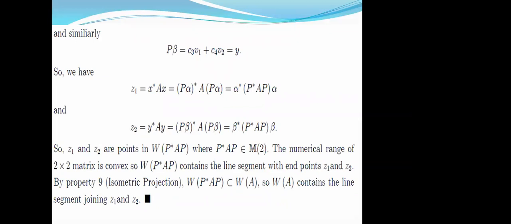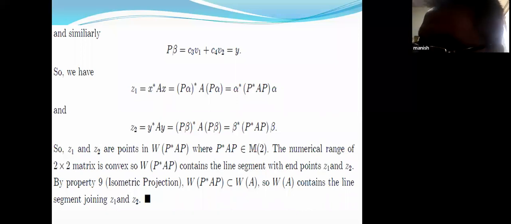Hello, sir. Yes. Actually, we have seen that we don't have any relation for W of A and B if A and B are two different matrices. We have seen in general that W of A plus W of B is not necessarily a subset of W of A plus B. So is there any condition that we should put on A and B so that they will be equal or they will be contained in each other?